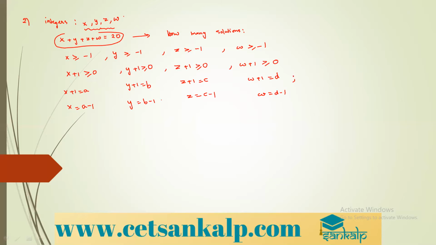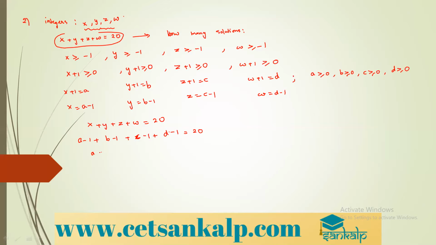And one more thing, we can also say A is greater than or equal to 0, B is greater than or equal to 0, C is greater than or equal to 0, D is greater than or equal to 0. Okay, now because we have the equation x plus y plus z plus w equal to 20, x I will write A minus 1, y I will write B minus 1, z I will write C minus 1, w I will write D minus 1 equal to 20.